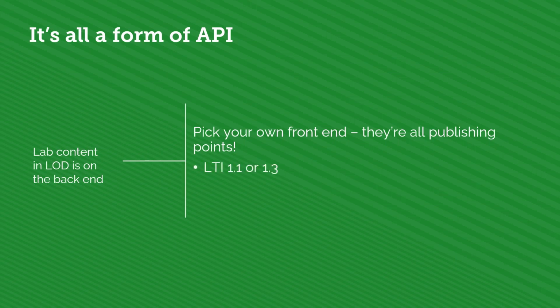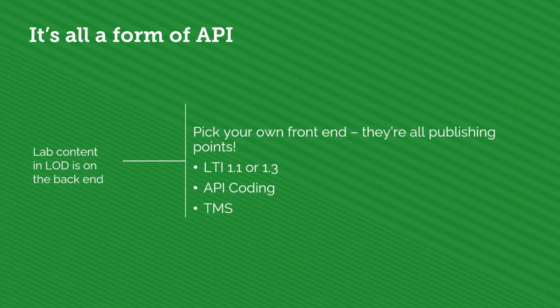So you could use LTI 1.1 or 1.3. Now, I should also mention there is a specification which is LTI 1.2, but LTI 1.2 and 1.1 are considered the same. They use the same tool set. 1.3 uses a slightly different tool set. You can use API coding, your front end, and then the lab content on the back end.